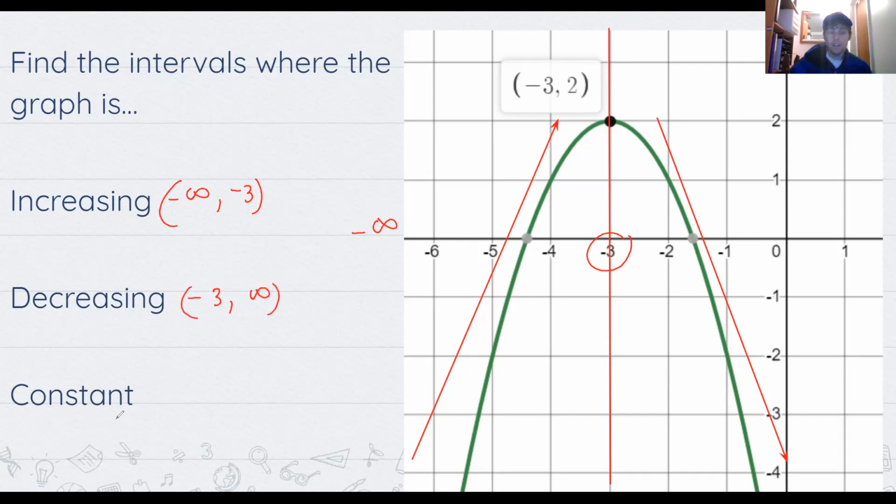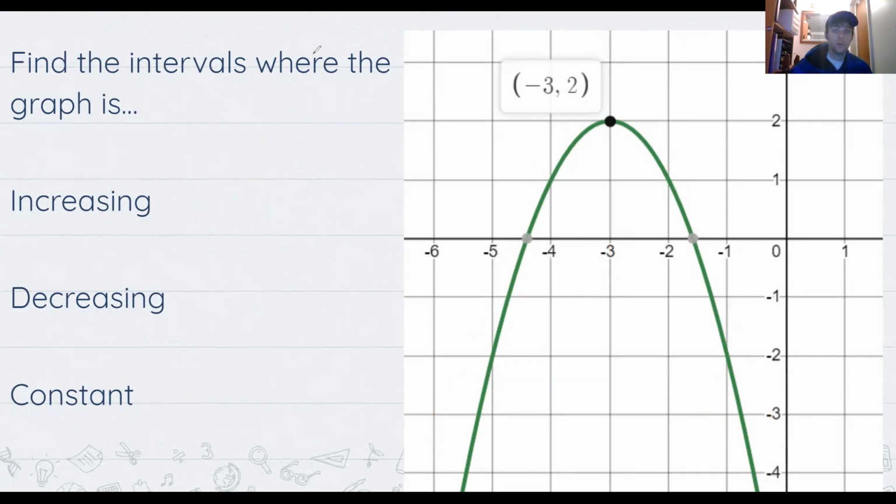Again, this is a polynomial function, a quadratic. It's not going to be constant anywhere. It's never going to be flat. So there are no constant intervals. Okay, let's go ahead and clear this and move forward.